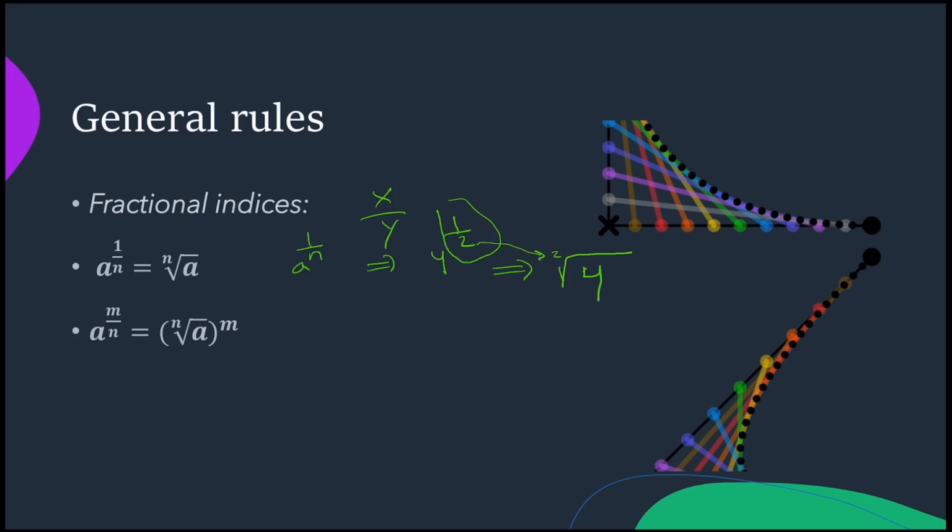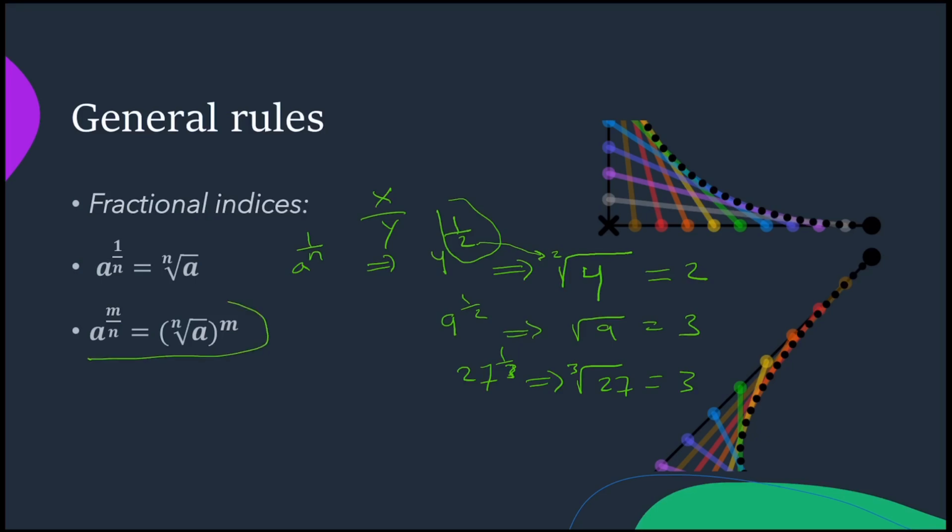That means the square root of 4, which equals 2, because 2 by 2 gives you 4. Another example: 9 to the power of half means the square root of 9, which equals 3. Or it could be 27 to the power of a third. That means the cube root of 27, and that means 3, because 3 by 3 by 3, multiplied 3 times, is 27.